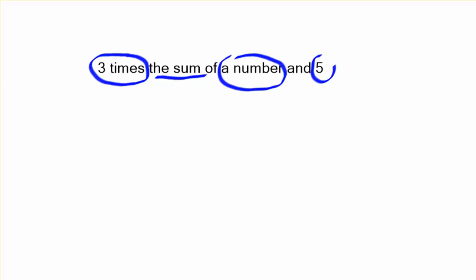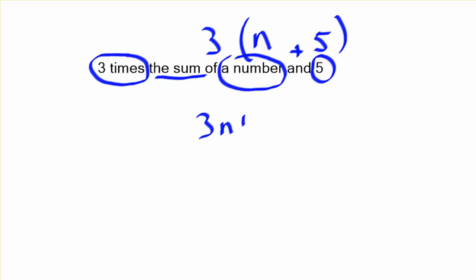This is different. So we need to use parentheses because we're going to find the sum of those two and then multiply it times the 3. 3 times the sum of a number and 5.